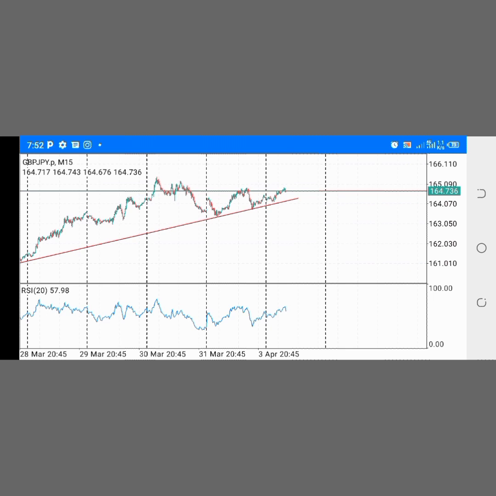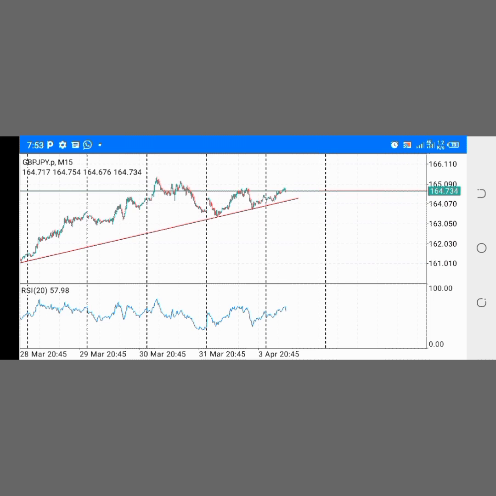Then you will be in position to identify the entry triggers that I have told you: the bullish hammer, the bullish engulfing candlestick, and the morning star. Those are the entry triggers you'll be looking for in this market structure.